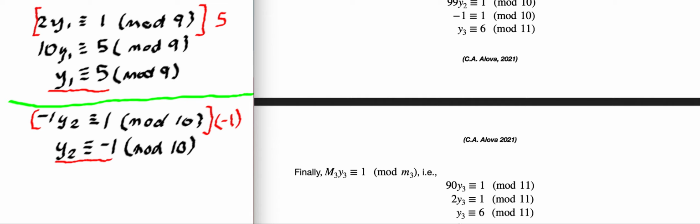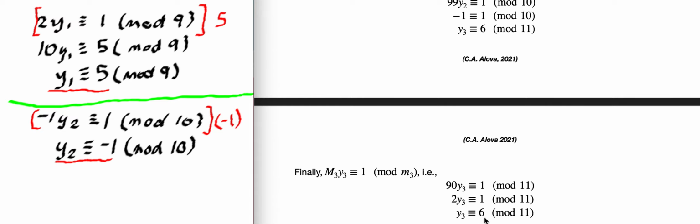And then we have 90. 11 times 8 is 88, so we have a remainder of 2 there. So 2 y sub 3 is congruent to 1 mod 11. We want to multiply 2 by something which will grant us a remainder of 1 when divided by 11. That's going to be times 6. 2 y sub 3 times 6, and then 1 times 6 is 12. 12 modulo 11 is 1.